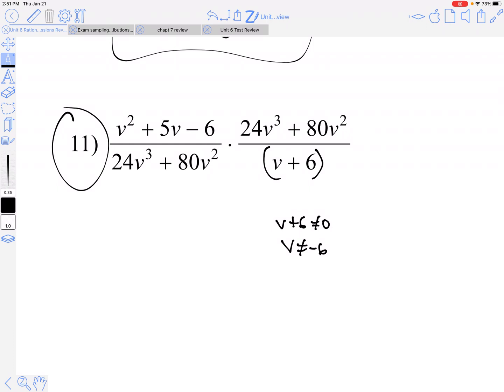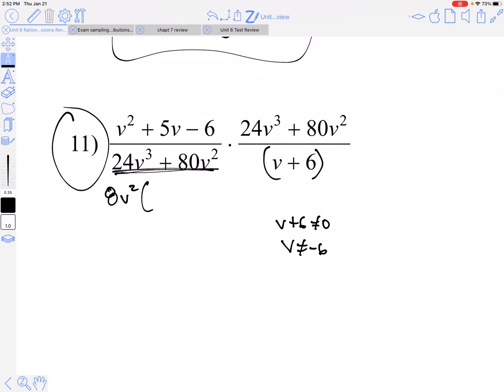And now to the left, 24 and 80 are both divisible by 8. Anything bigger than that? Does 12 go into 80? Nope, I think 8's the biggest, right? Okay, so we're going to pull out an 8v squared. So I can't see what v's really doing.